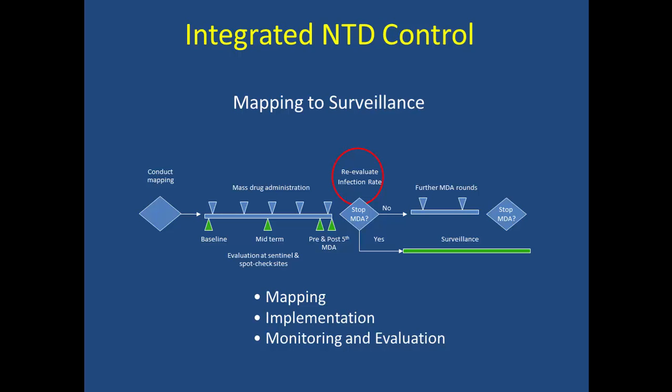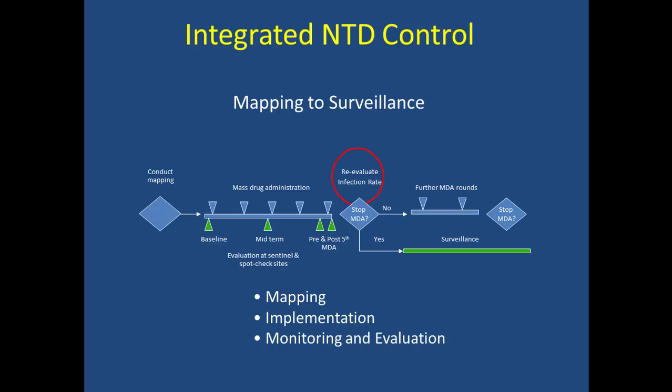It could be 5 years, it could be 10 years; it depends on the disease, the intensity of the disease, as well as the life cycle of the disease. Let's just say here you do it for 5 years. After 5 years, you would stop MDA and evaluate: have you reached your goals? Have you reached an elimination marker for your particular disease or for multiple diseases?